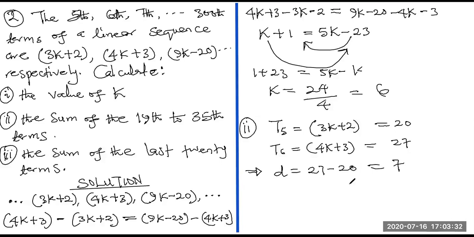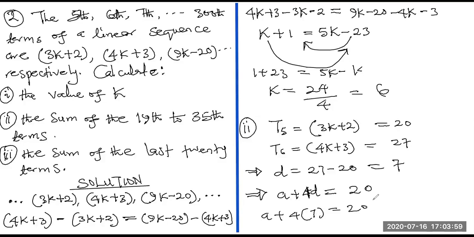Now what's our first term? That implies we can use either the 6th term or the 5th term to solve. To find our first term, our 5th term is a plus 4d, which is equals to 20. I've already gotten that as 20. So when you put your d, which is what? Our d is 7. A plus 4 into 7 is equals to 20.